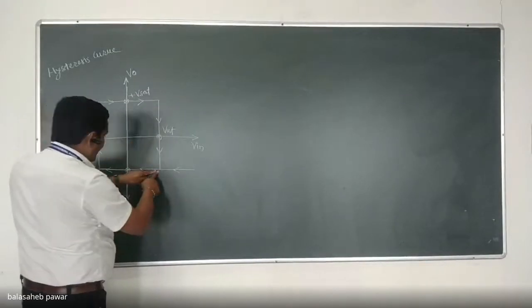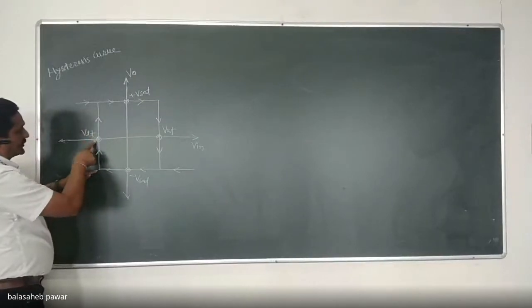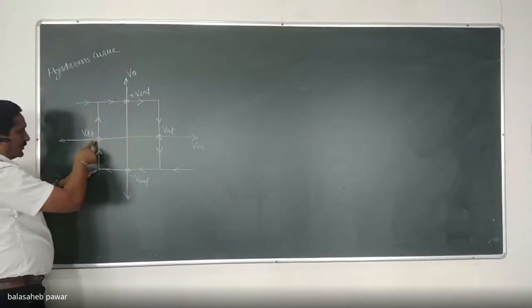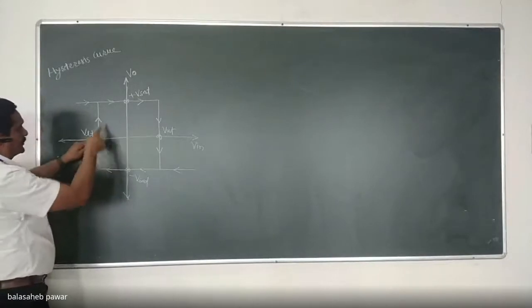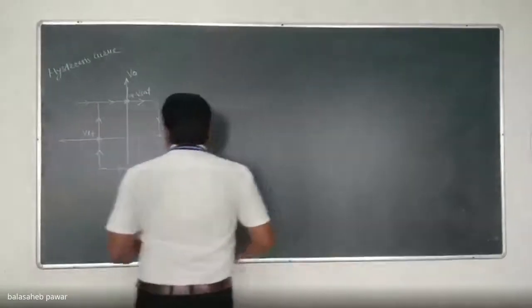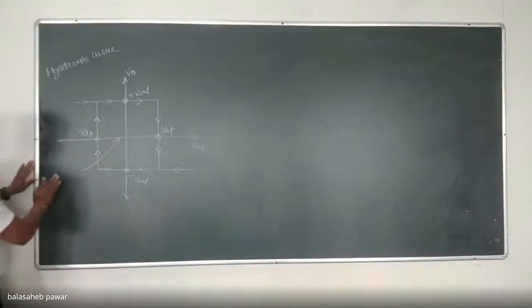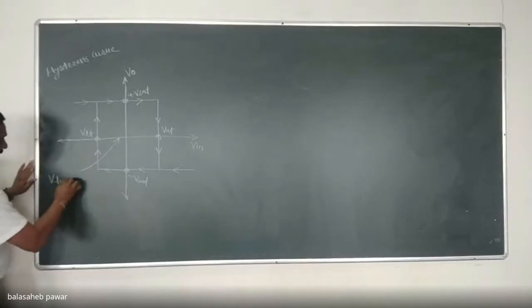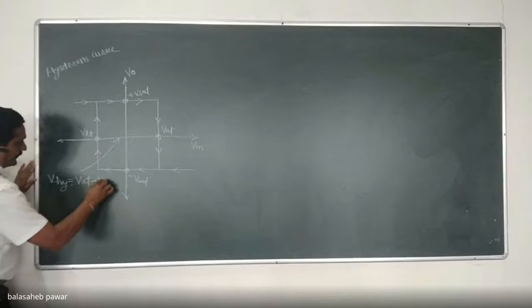And later it remains at minus VSAT until the input goes to VLT. When it goes to VLT, the output voltage goes from minus VSAT to plus VSAT. So as per this hysteresis curve, we can determine the hysteresis voltage, denoted by VHY. VHY equals VUT minus VLT.